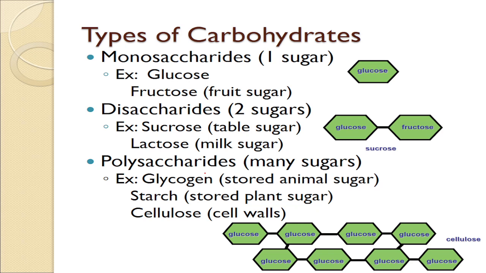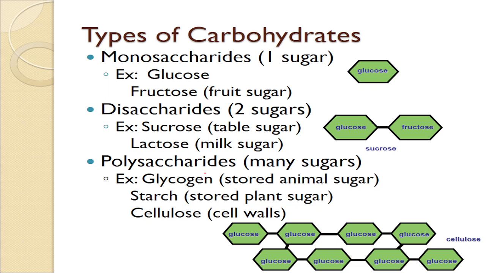It can be found in the blood, but that's not the source of glucose. In metabolism, we digest food and then we get glucose from the food that we eat. We also have lactose, the form of sugar that we get from milk.